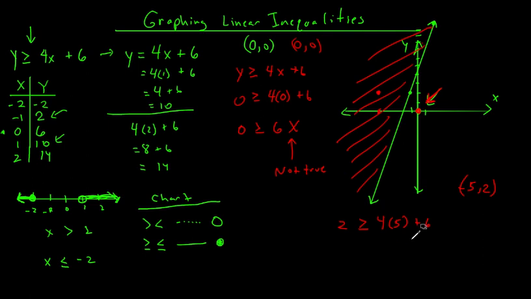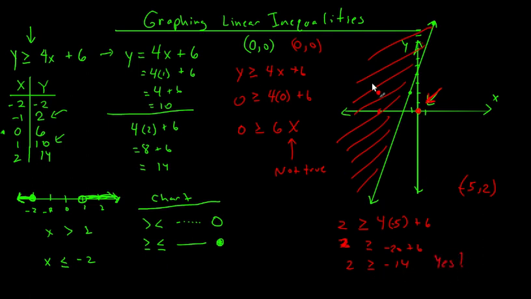Mr. Chappie makes mistakes too. So that equals -20 plus 6, and -20 plus 6 actually equals -14. Okay, so is 2 greater than or equal to -14?